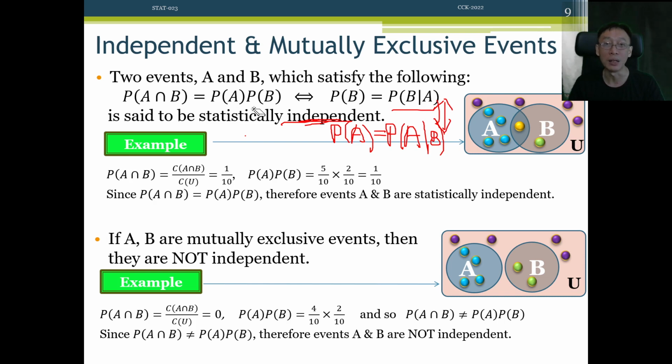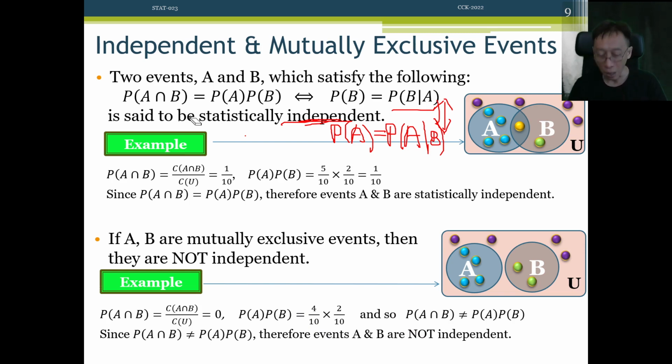Just multiply them together if we know that they are independent. But if we don't know, then when you multiply them together, it may or may not be exactly P of A intersect B. So we then have to manually count A intersect B divided by count of all, to independently arrive at the answer.